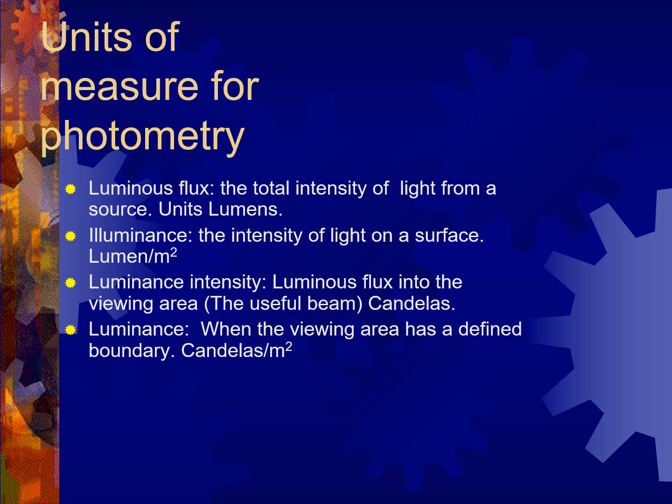Okay. Oh no, luminance intensity is the total light from the source, so that is candelas. And then luminance, where the viewing area has a defined boundary, the steradian, candelas per meter square.